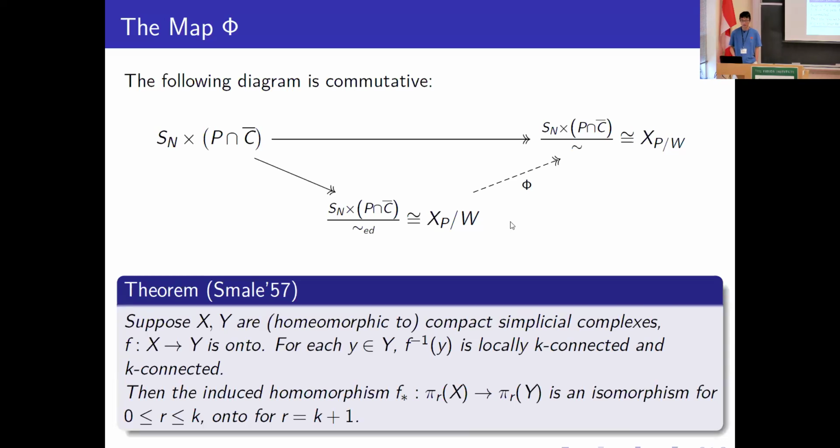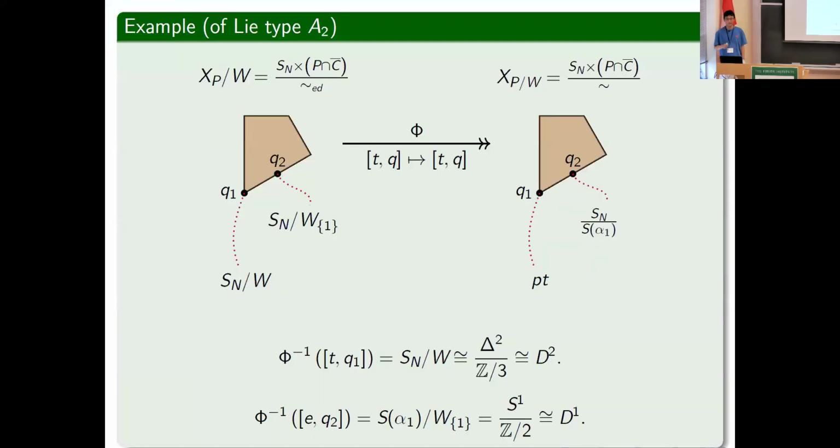Then we can see that this map phi induces an isomorphism on the homotopy groups of all degrees. So phi is a homotopy equivalence. So I want to emphasize again, the remaining work is to show that each fiber of phi is contractible and locally contractible.